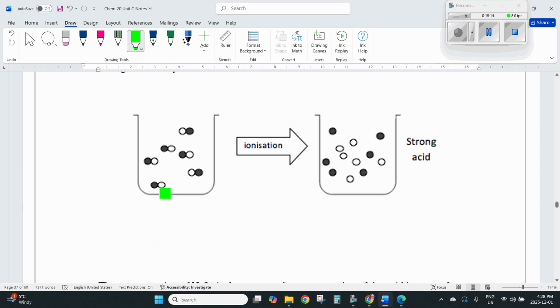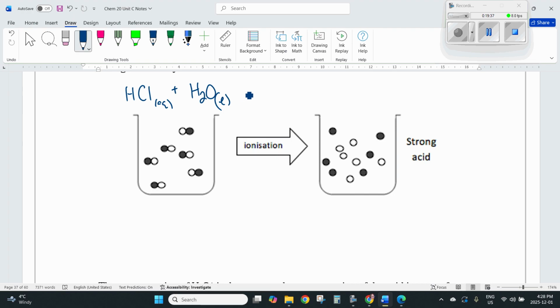Okay, if we look at this, I'm going to get my pen back here. In this example we have hydrochloric acid, HCl. It's going to react with water, H2O.